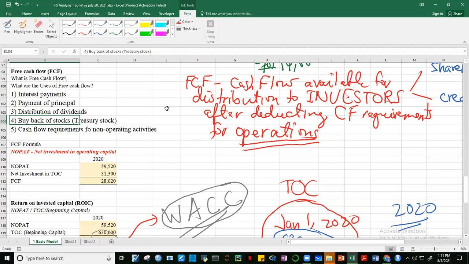I want you to search for yourself: why does a company buy back its shares? What is the purpose of treasury stock? What is the company's advantage if it buys back its stocks? And lastly, cash flow requirements for non-operating assets or activities.